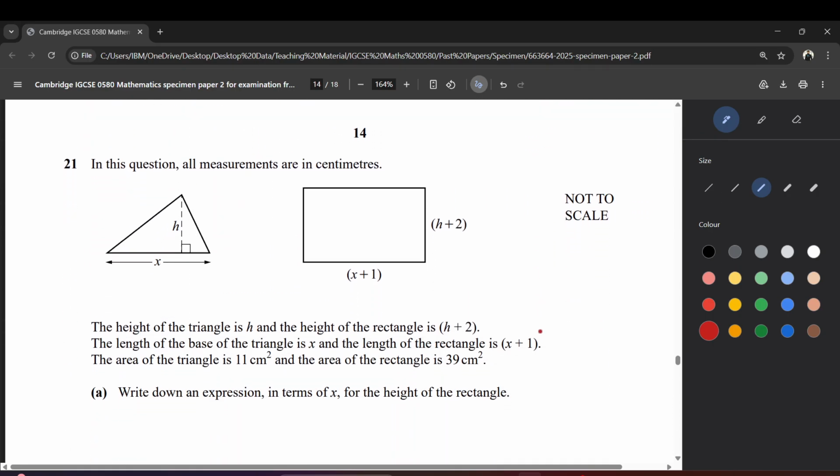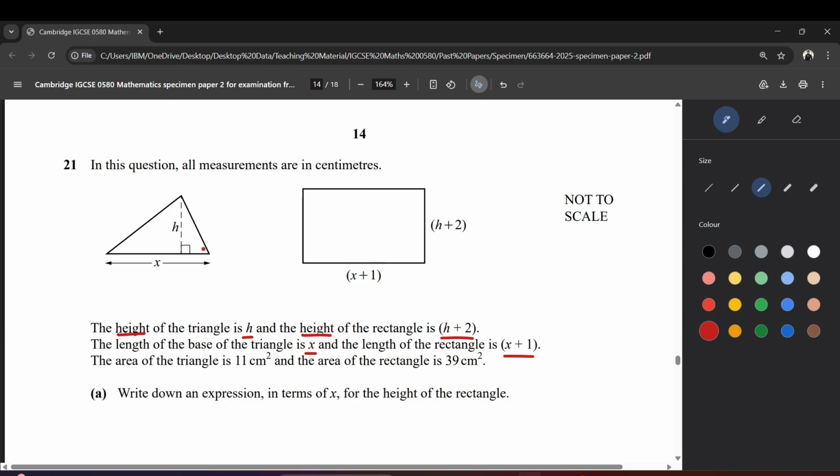Question 21. In this question, all measurements are in centimeters. The height of the triangle is h and the height of the rectangle is h plus 2. The length of the base of the triangle is x and the length of the rectangle is x plus 1.